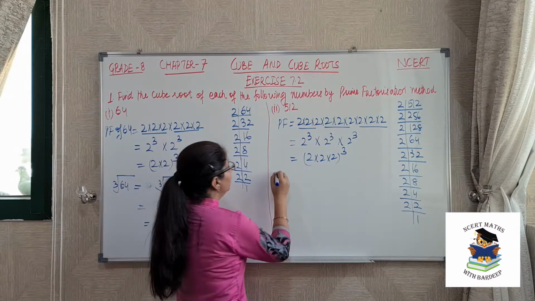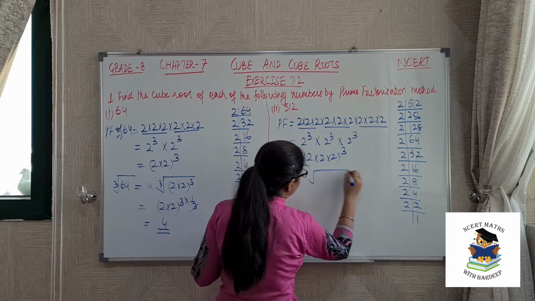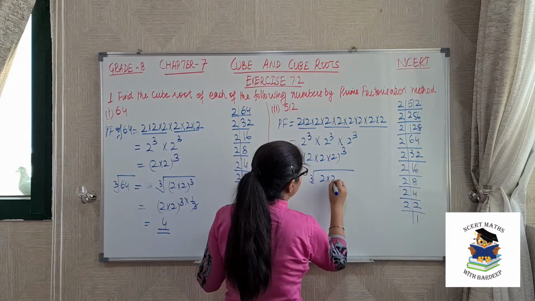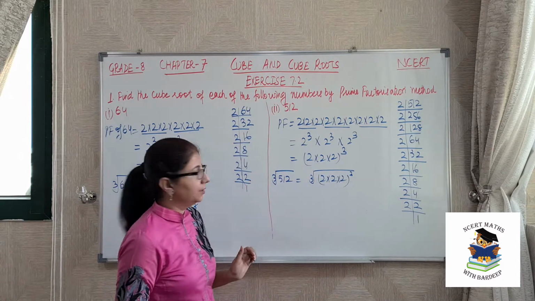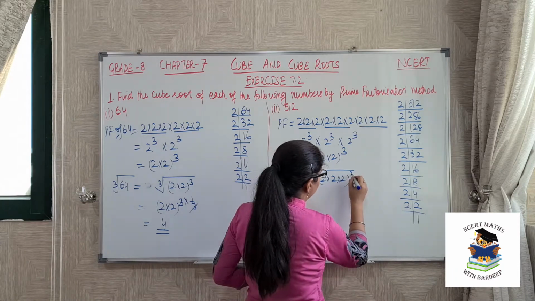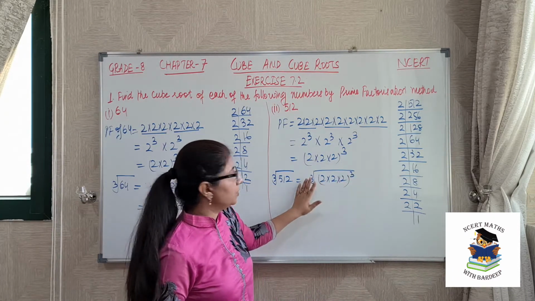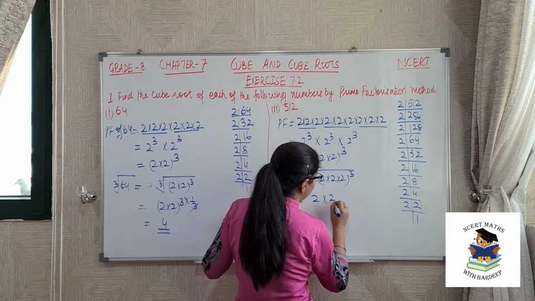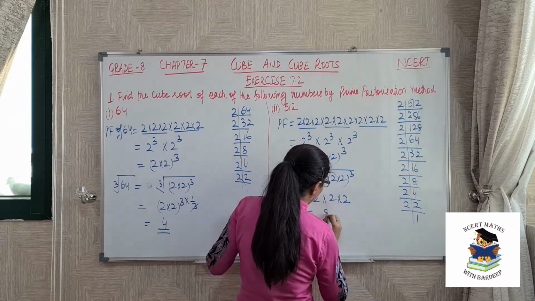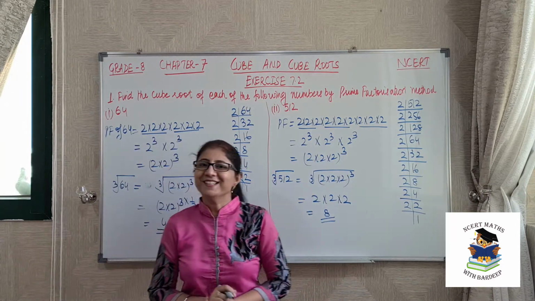Okay, so cube root of 512 is cube root of 2 into 2 into 2 whole raised to power 3. After this step, just ignore this because this 3 and 1 by 3 will be cancelled. So we are left with the answer 2 into 2 into 2, that is 8. So cube root of 512 is 8.